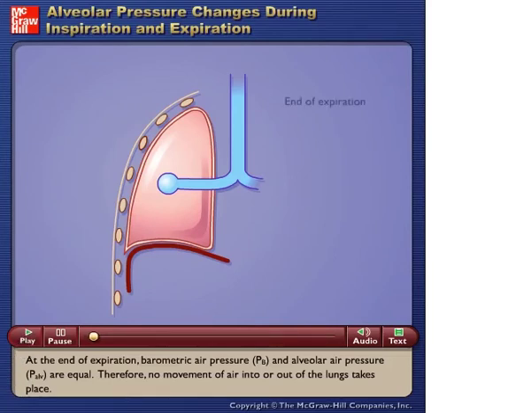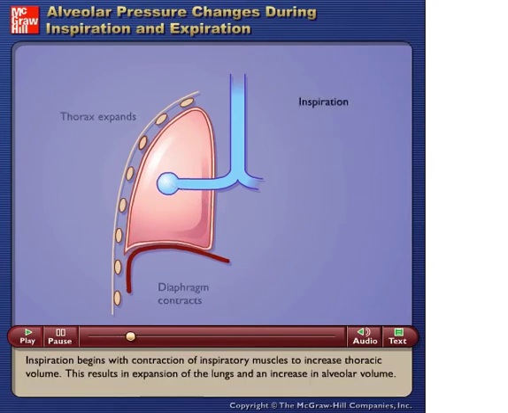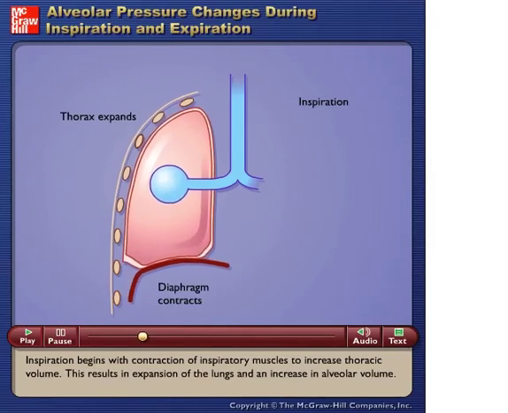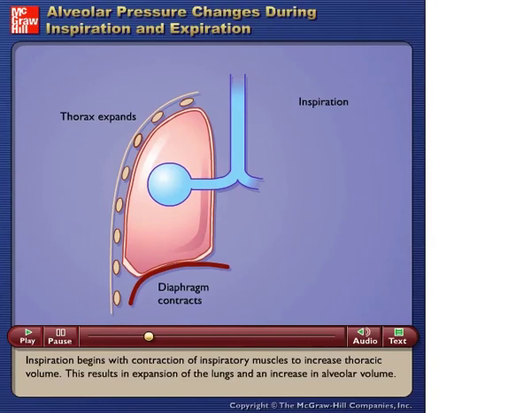At the end of expiration, barometric air pressure and alveolar air pressure are equal. Therefore, no movement of air into or out of the lungs takes place. Inspiration begins with contraction of inspiratory muscles to increase thoracic volume. This results in expansion of the lungs and an increase in alveolar volume.